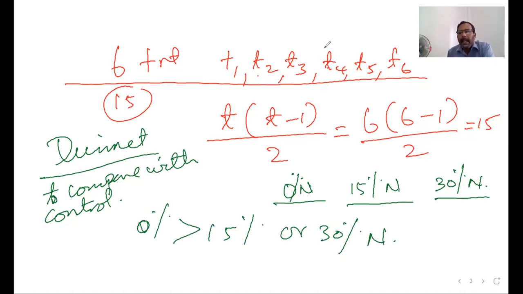Because I'm putting 0 nitrogen for one plant, another plant 15%, another plant 30%. Can I conclude that the 0% nitrogen plant has the higher yield? Is it logical?